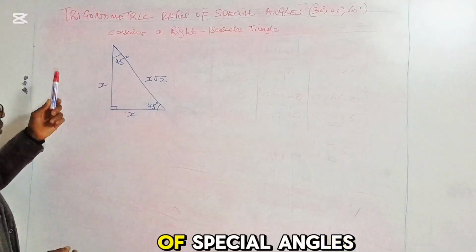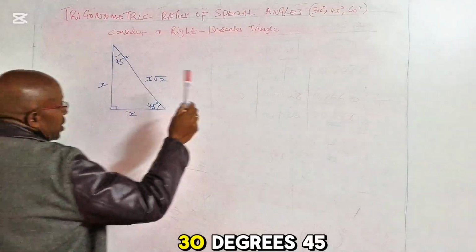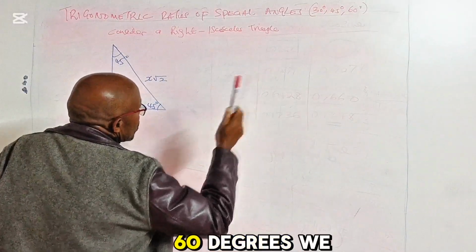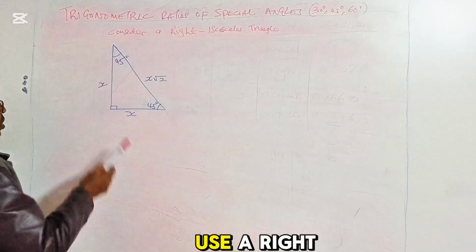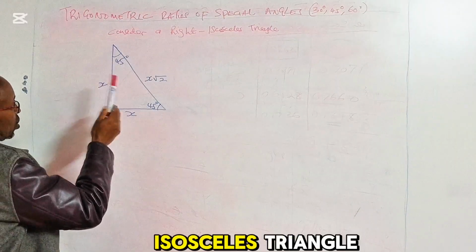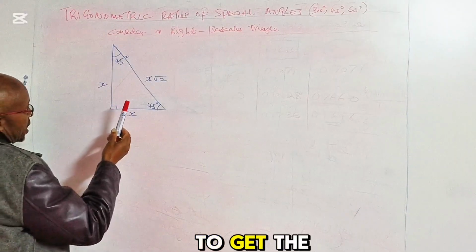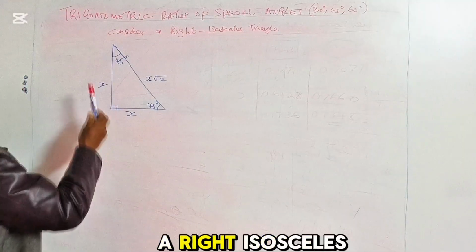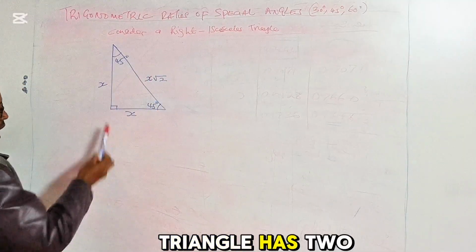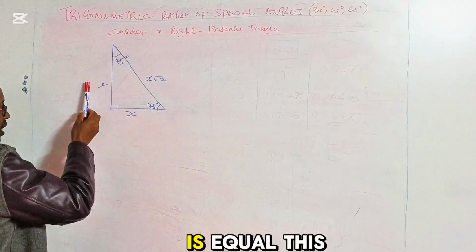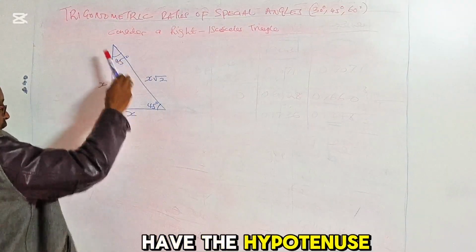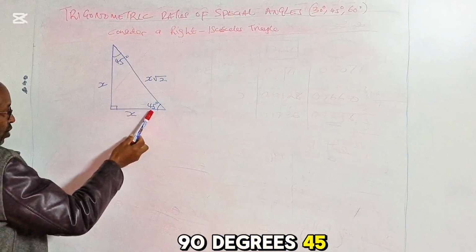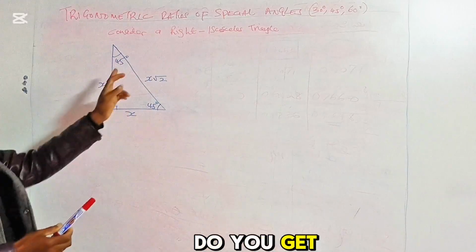Trigonometric ratios of special angles, 30 degrees, 45 degrees, 60 degrees. We use a right isosceles triangle to get the trigonometric ratios of 45 degrees. A right isosceles triangle has two sides equal. This side is equal to this side. And then we have the hypotenuse. 90 degrees, 45, 45. So how do you get the hypotenuse?